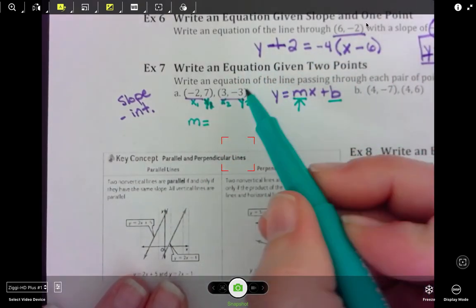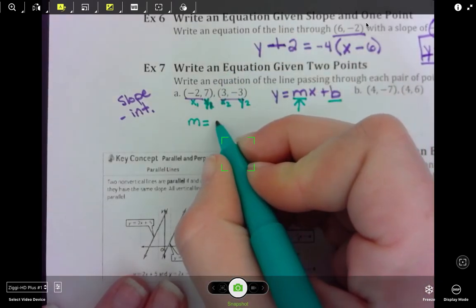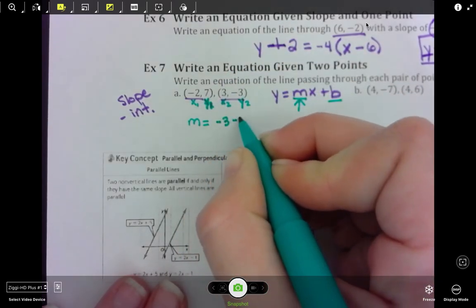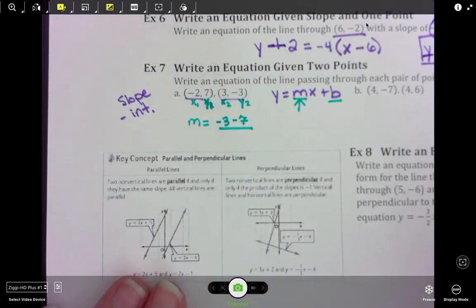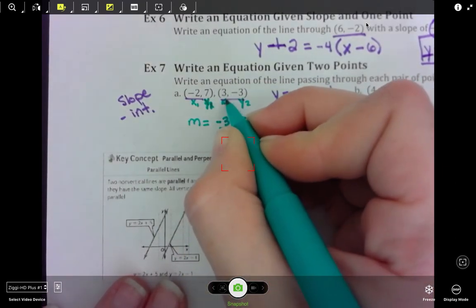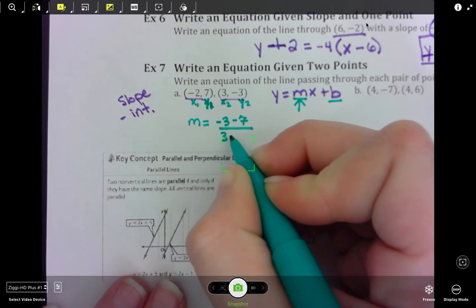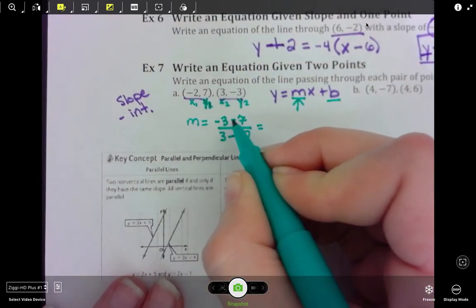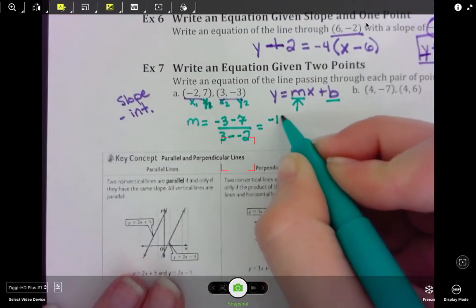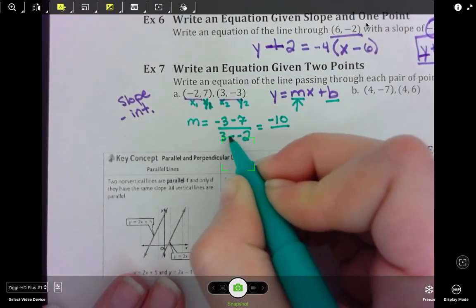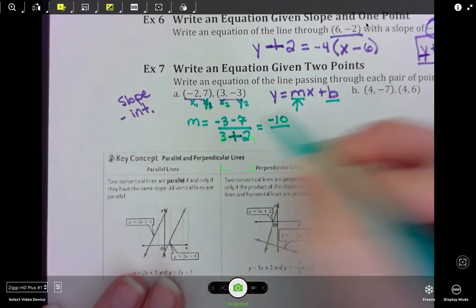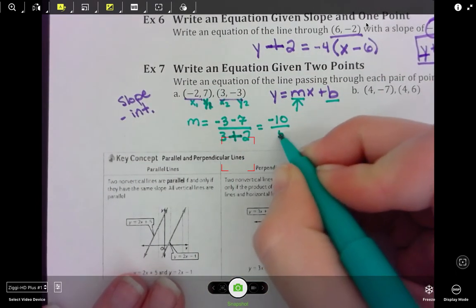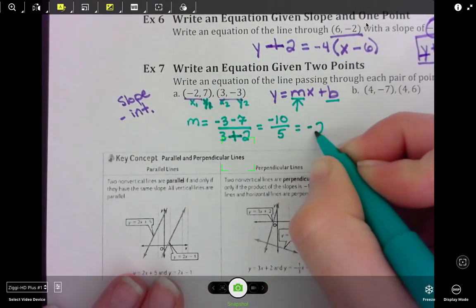So y2 minus y1 is -3 minus 7, over x2 minus x1, 3 minus a -2. -3 minus 7 is -10, and 3 minus a -2 is like 3 plus 2. 3 plus 2 is 5, so my slope is -2.